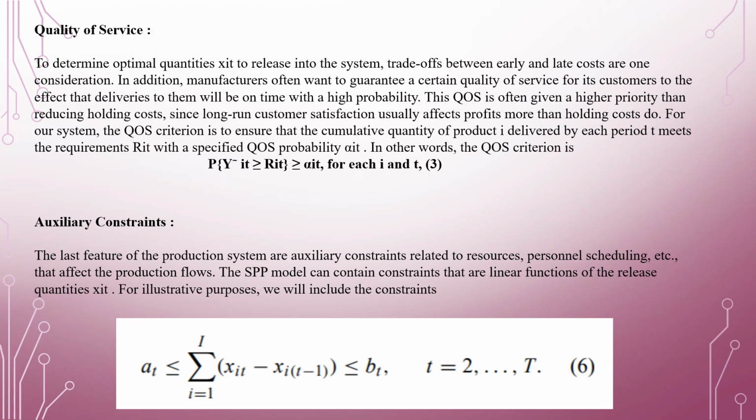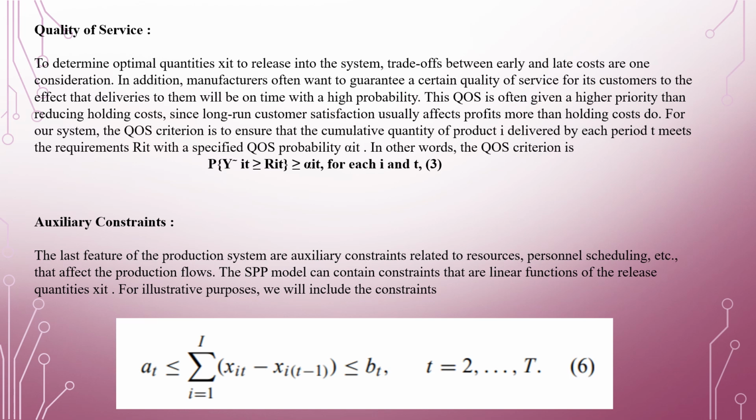In other words, the QoS criterion is as given, where Y_iT denotes the random quantity of product i delivered by period T, and Y_iT has a mean given by equation 1. To convert this stochastic constraint into a linear constraint involving only expectation, the cumulative output Y_iT is modeled as a Poisson random variable.